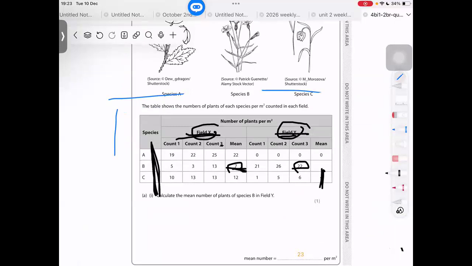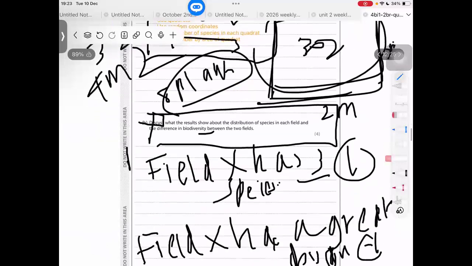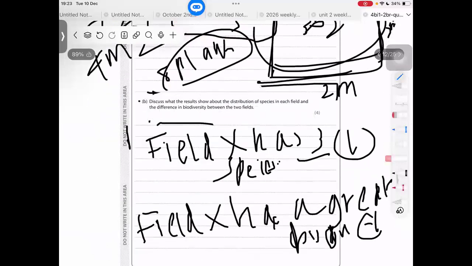This is sort of confusing, and I understand that, since they have asked us to discuss the results to show the distribution of the species. Did you understand these 2 points? Are these 2 points clear for you?